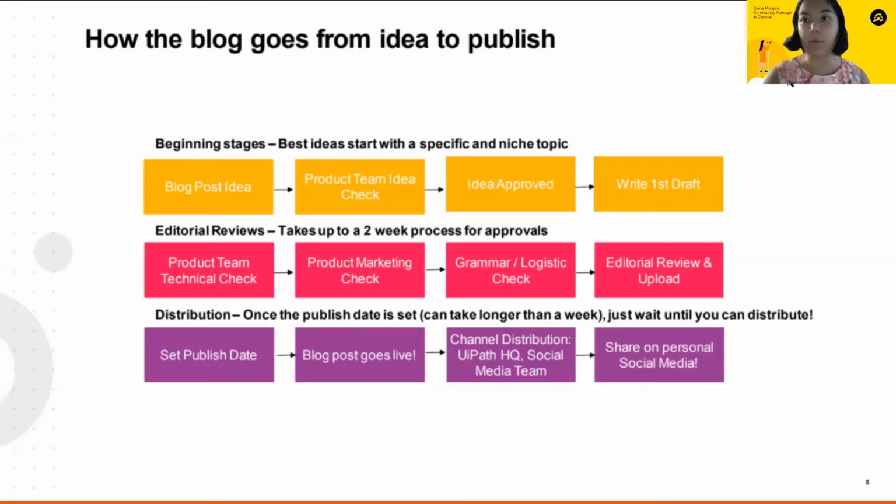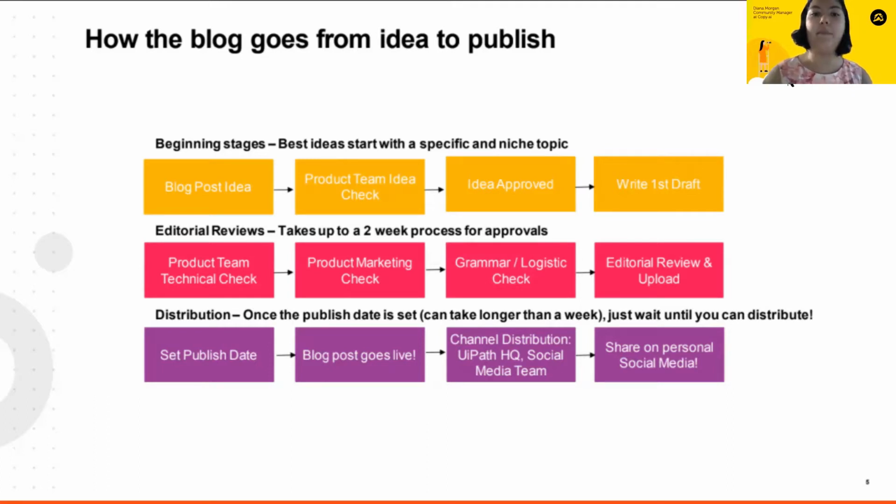The next section of what happens is going through all the reviews and checks. When I first started the blog, I only had to have a developer check it for technical accuracy to make sure it wouldn't actually break the product. I'm not an engineer, so I want to make sure that we had accurate information available in our blog.